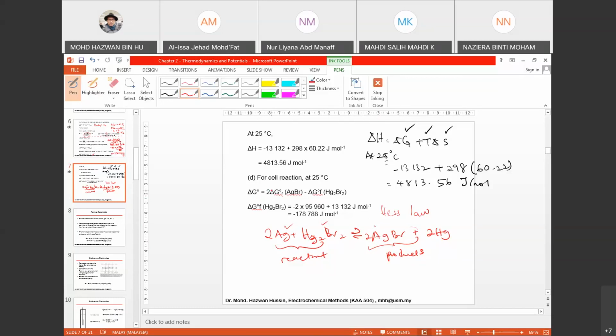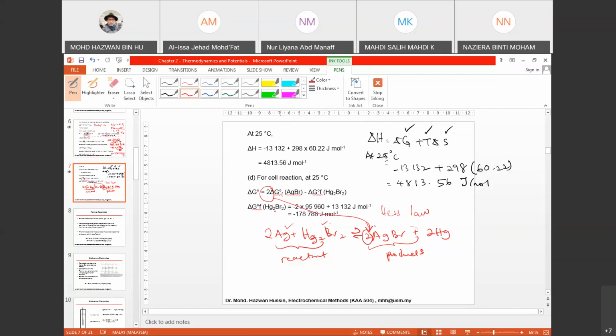So that is why here you'll see that I multiply it by 2. The reason is that if you look at the equation, this one equals 2 moles, and this one only has 1 mole, so here it is just 1, unity.